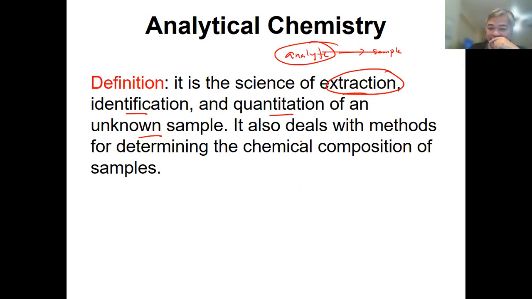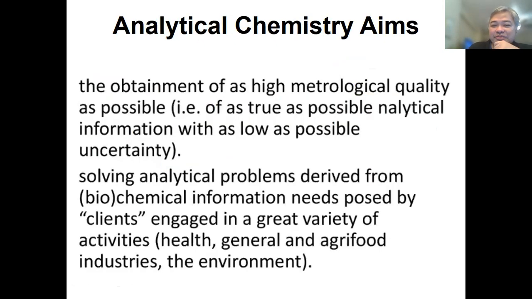So analytical chemistry also deals with the methods for determining the chemical composition of samples. That's why you can do anything if you have the result, because it is what it is. Whatever the composition is, you can't do anything about it.